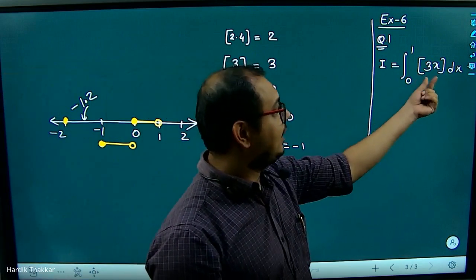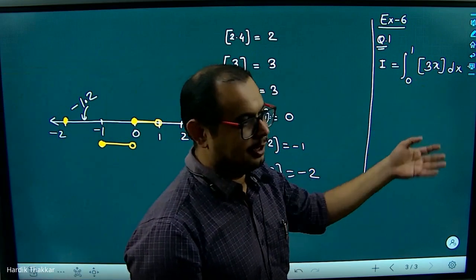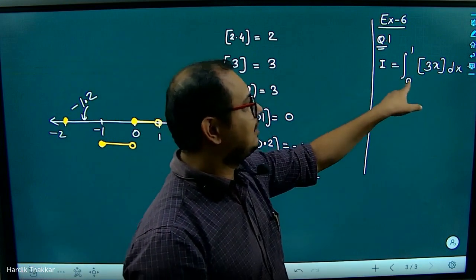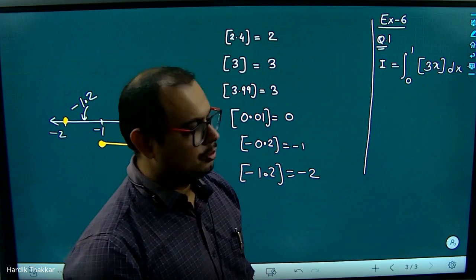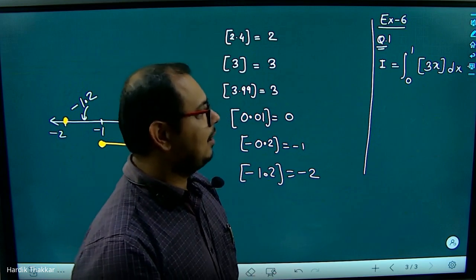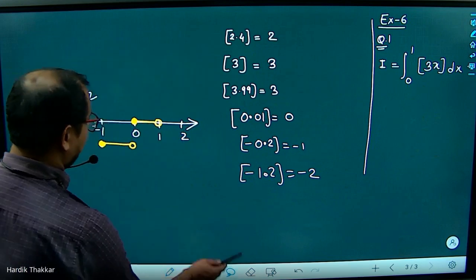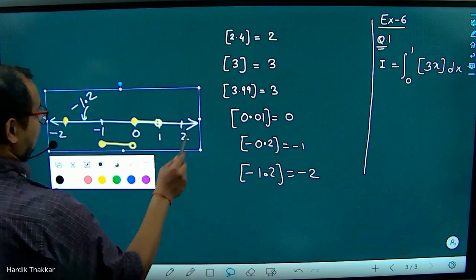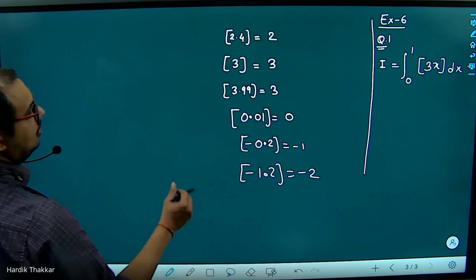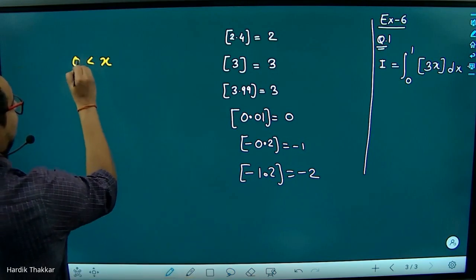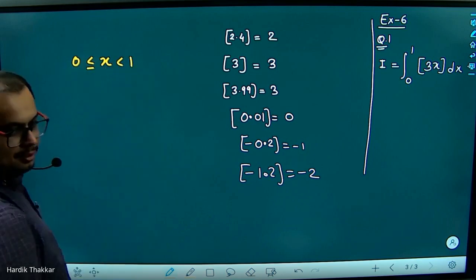Now here we have greatest integer 3x, not x. The value of x is from 0 to 1, so the value of 3x will be from which interval? We have to identify that. Look, the limit of integration is from 0 to 1, correct?